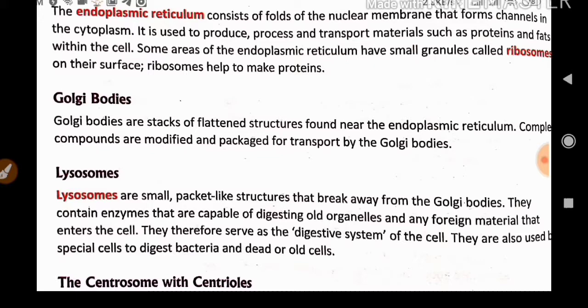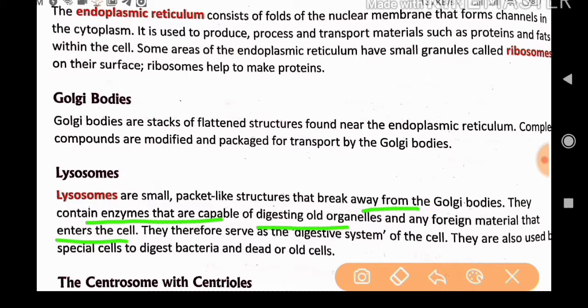Lysosomes are small packet-like structures that break away from the Golgi bodies. They contain enzymes that are capable of digesting old organelles and any foreign material that enters the cell. They are therefore the digestive system of the cell. They are also used by special cells to digest bacteria or dead and old cells.